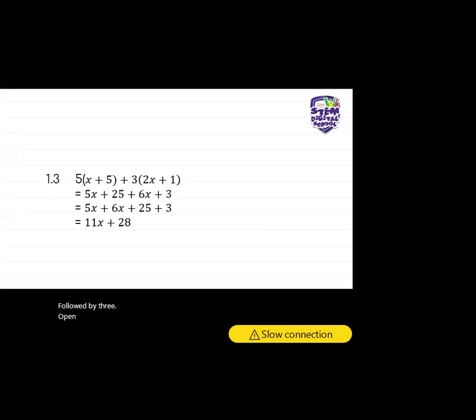So 3 times 2 is 6, and 3 times 1 is 3. Then 5x plus 25 plus 6x plus 3. Once again, 5x plus 6x gives you 11x, and 25 plus 3 gives you 28.